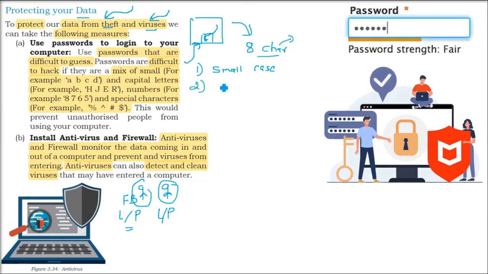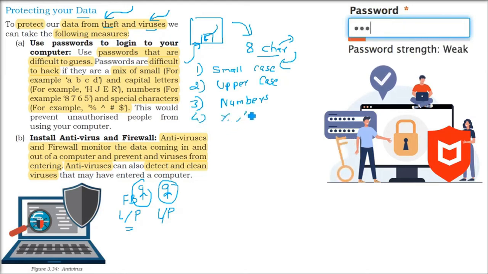Use the uppercase. I am talking about the combination. Not only small case, you have to include the uppercase, you have to use the numerals, that is, the numbers. Numbers, small case, uppercase. Along with this, you have to use the special characters, that is percentage, a cap sign, or hash or a dollar.